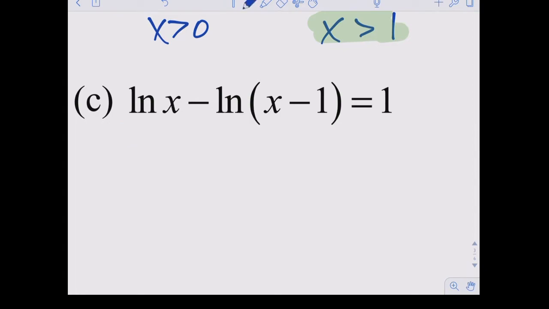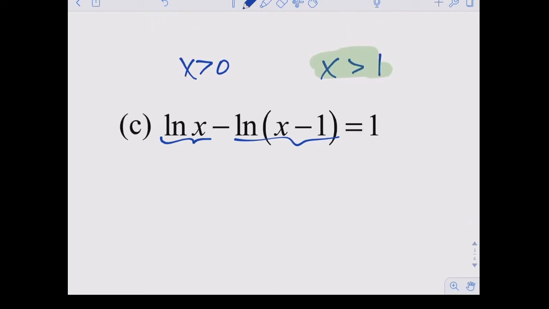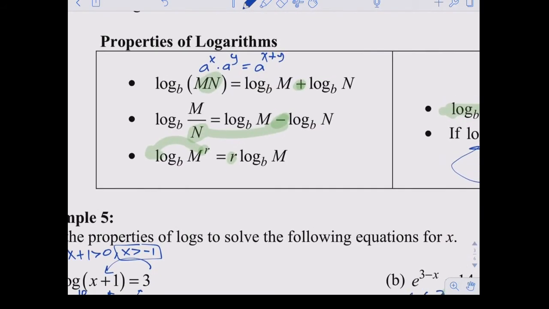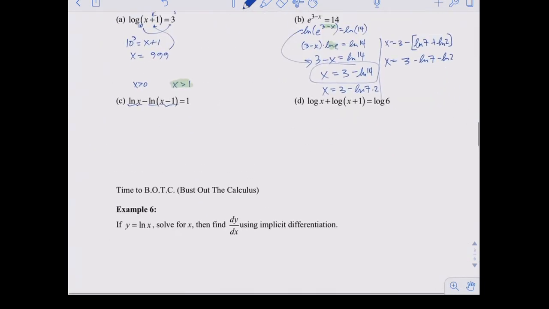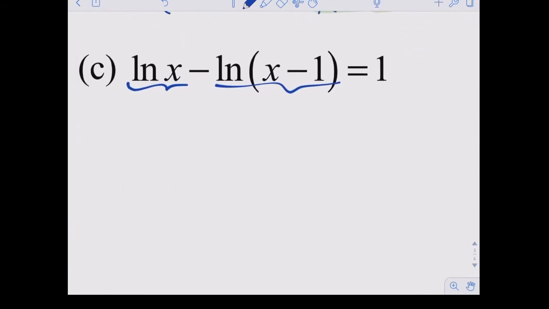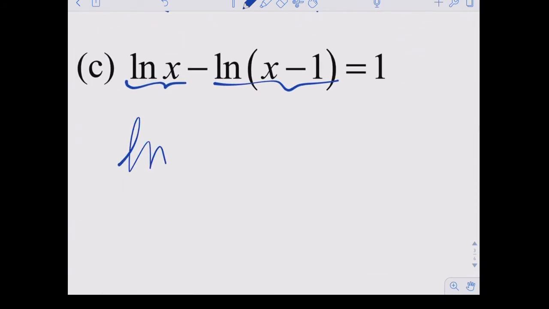What I want to do is get a single log. If I can get a single log, then I'd be happier. So notice that I have a difference of 2 logs. The properties of logs, that's them. They not only work from left to right, they work from right to left, right? So we could say that the difference of the logs is the log of the quotient.